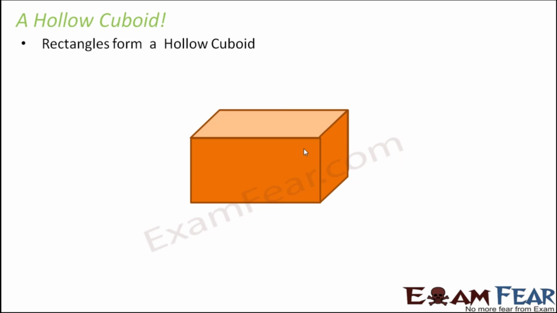This is the side face, a rectangle again. The other side face, a rectangle again. And finally the front face, which is a rectangle. So in this case, you have a total of 6 rectangles arranged in this fashion to form a hollow cuboid. What do we understand from this? It doesn't matter in which pattern they are arranged, but two-dimensional shapes are arranged in some pattern or the other to form a three-dimensional object.